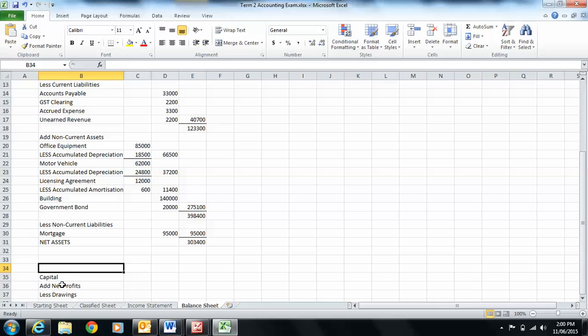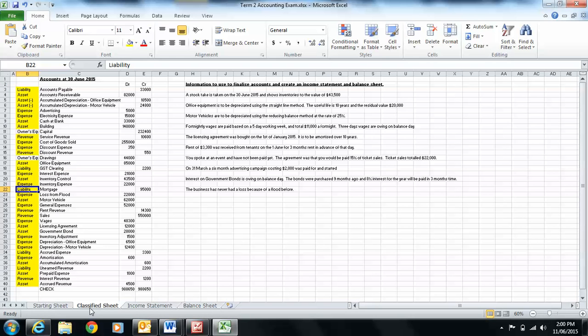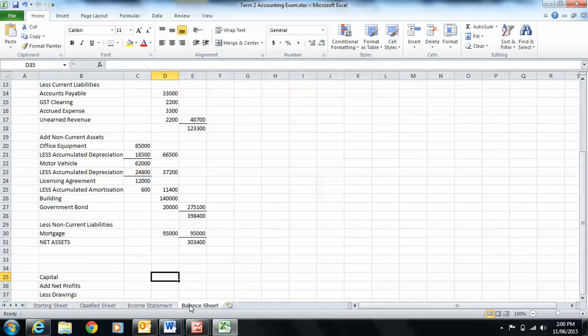Now we've got to start looking at our capital. Right, so we've said our capital account is, if we look at our capital, 323,400. Now, to that, we have to add our net profit.